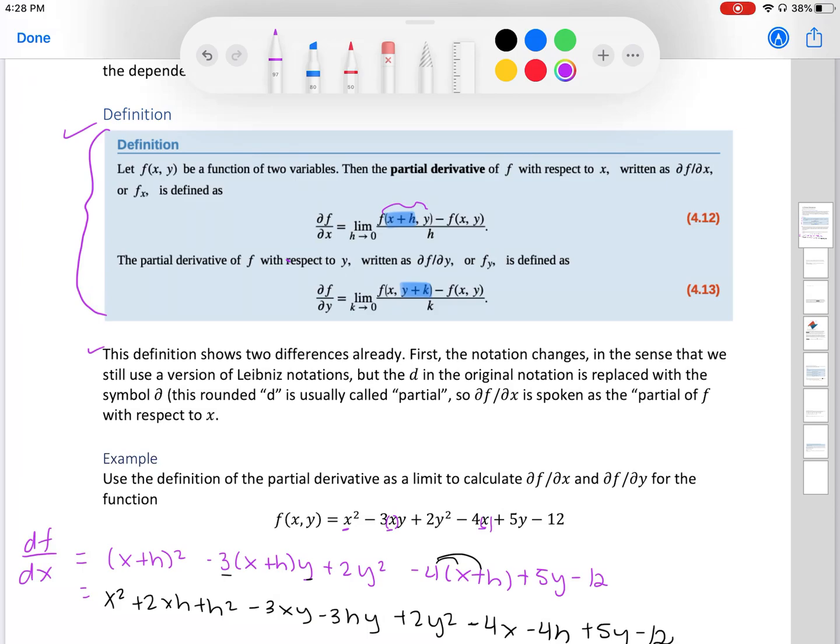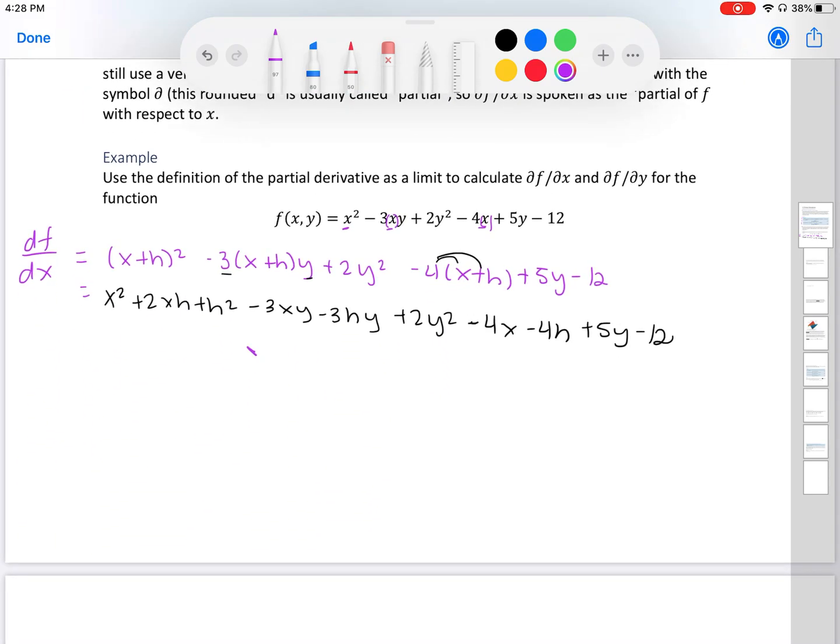Now we want to subtract from that our function f of x, y. So let's write our definition.